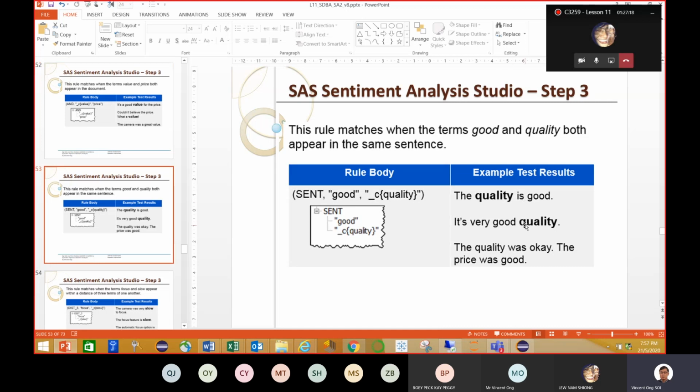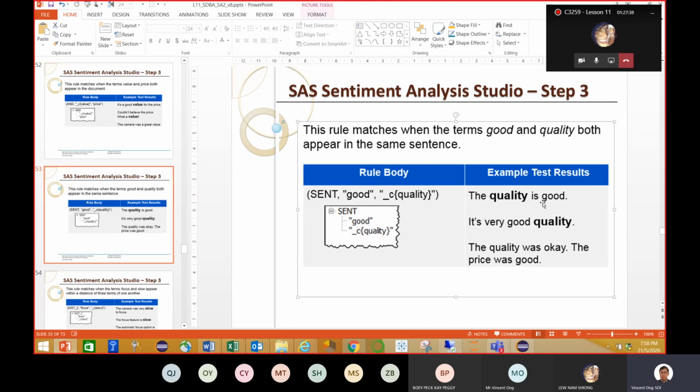"The quality is very good." But the third one cannot be caught. So it depends on how tight you want to be. If that is okay, then you just use the AND. You don't specify so tight. You get what I mean?